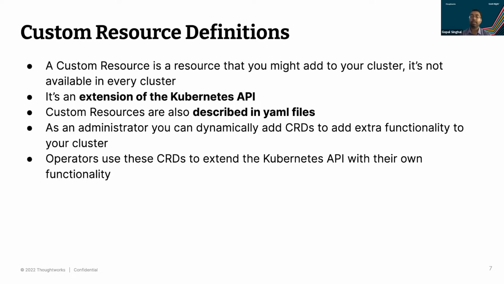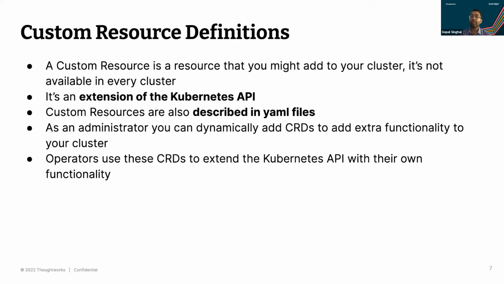And then the rest of the life cycle remains the same. For example, we define a deployment kind of object, use kubectl to apply that YAML, and it gets deployed and starts running on the cluster. In the same way, when we define a custom resource definition, we define a custom resource in the form of YAMLs and then use kubectl to apply it, and it actually runs the object or resource on the cluster.